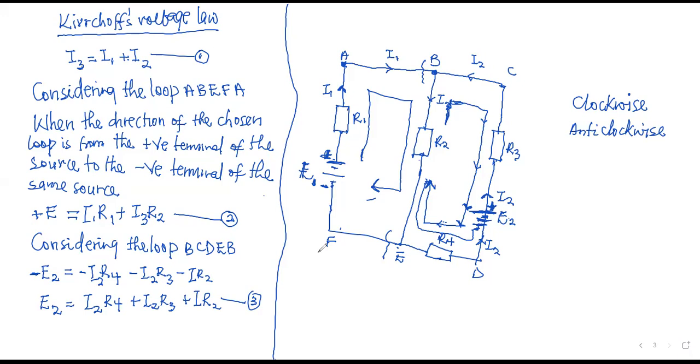I don't understand why the current flowing through R4 is I2 and not I. You see, originally we said let the current produced by E2 be I2, isn't it?